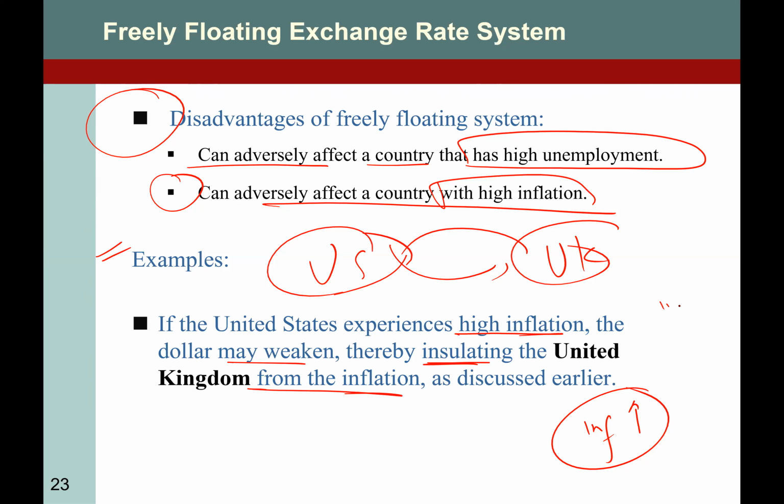So inflation in Britain is not that high because of the United States, because they are using a floating exchange rate system. If they were using a fixed exchange rate system, then inflation in Britain would increase due to inflation in the US.